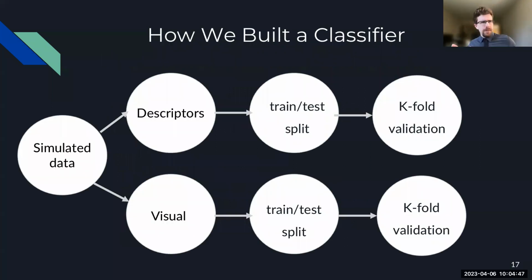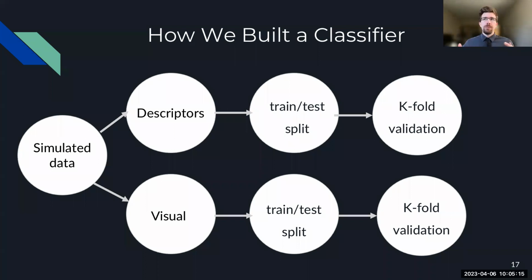And so this graphic here is trying to give a sense of the whole process of how we built these classifiers in general. So we took simulated data. We built the data set from normal and non-normal functions. We used rnorm for normal, and I'll go into how we made the non-normal data in a second. And then we used one data set for the descriptors and the other for visual.